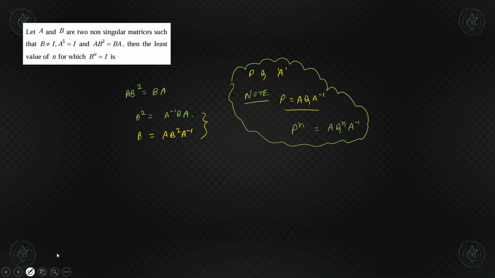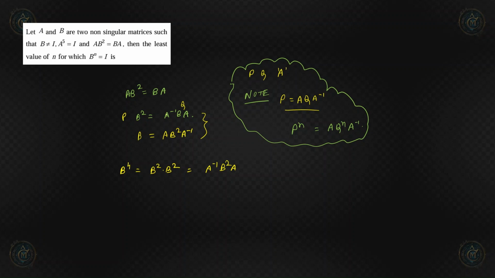So we can say from this equation, B to the power 4 will be B square whole square, so B square times B square. So A inverse, then B square, A, because we discussed this is some matrix P, and this B matrix we assume is equal to some Q matrix.